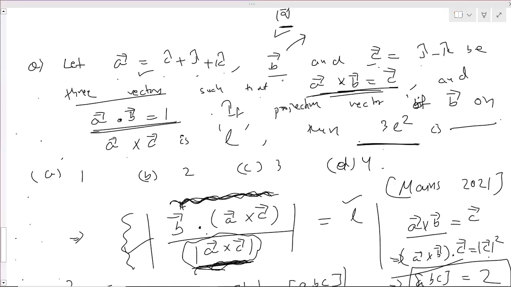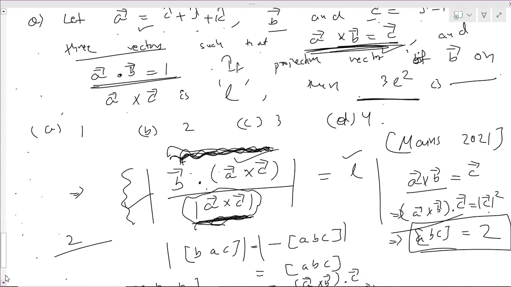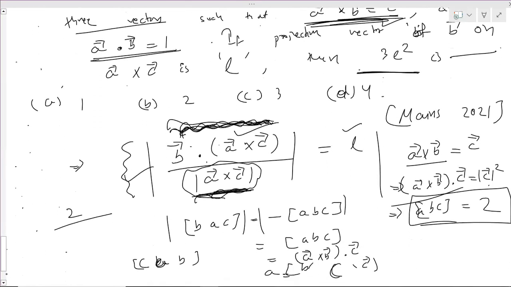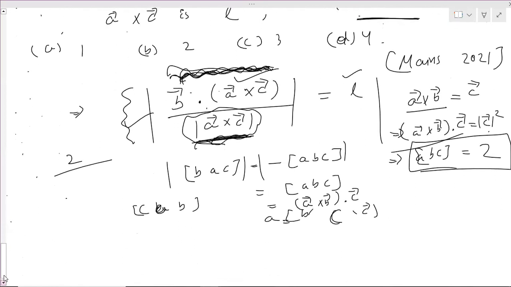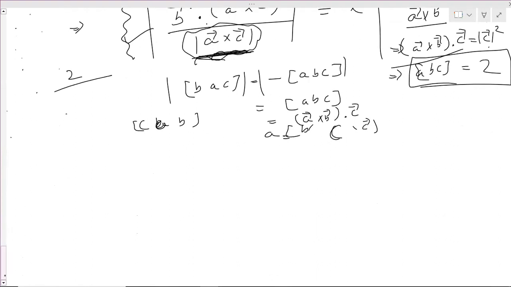Then I thought, what do I need to find this value? I saw this is a scalar triple product, and they have given something like that. From that, I found the value of this. The question was solved. Never go into the lengthy format. But if you cannot solve, then why not? An answer is an answer, no matter which method you use. I hope this is clear to all of you.